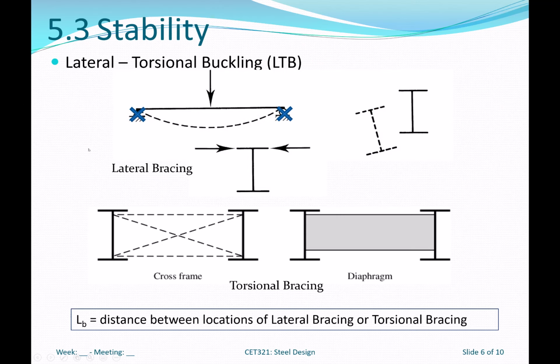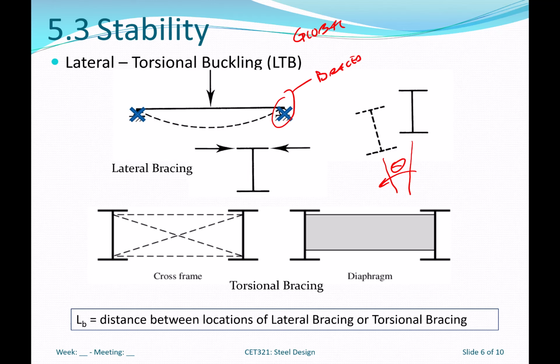So lateral torsional buckling, which is the global effect, is when the beam will rotate out of plane due to loading. We always assume at the supports it is braced so that no twisting or lateral displacement occurs.